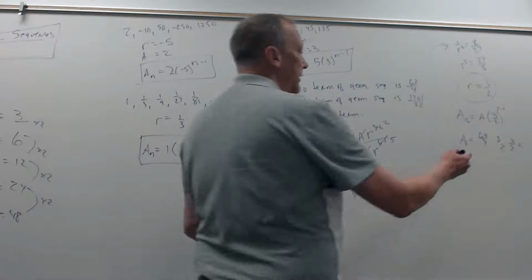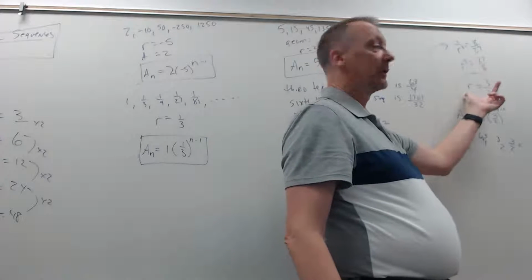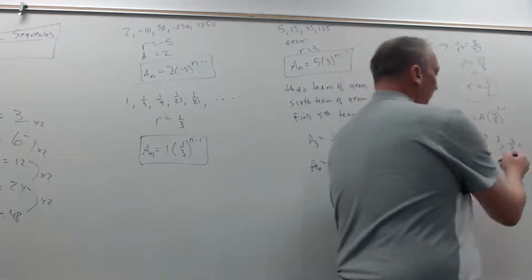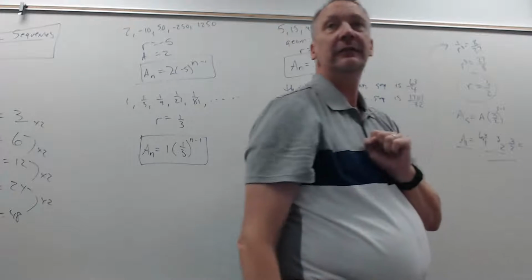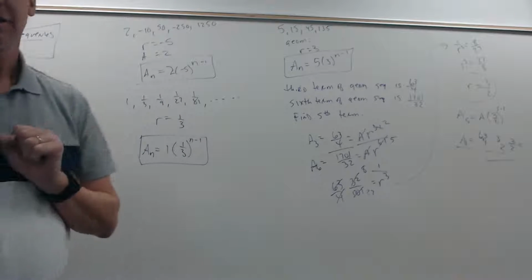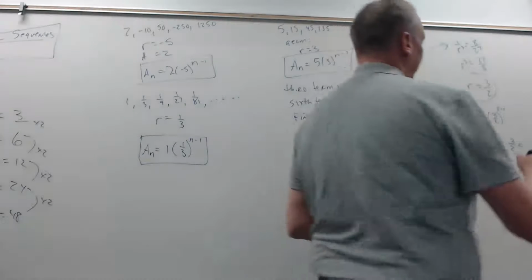If I start with a sub 3, and I know the ratio is 3 halves, this is a sub 4. And this whole thing is a sub 5. Okay? So that gives me 567 over 16.